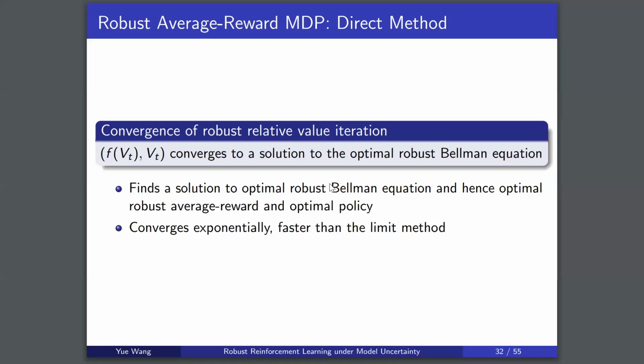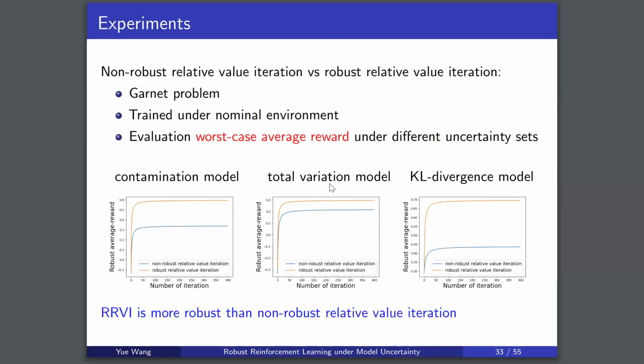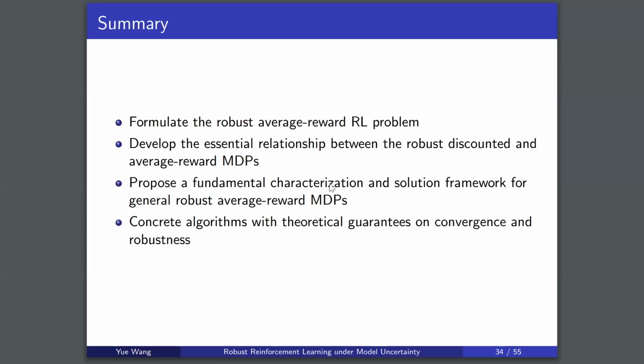We also showed our algorithm converges exponentially, which is much faster than the limit approach. Due to the time limit, I will skip this part. These are basically similar experiments. We compare our relative value iteration with a non-robust one and compare their worst case performance.